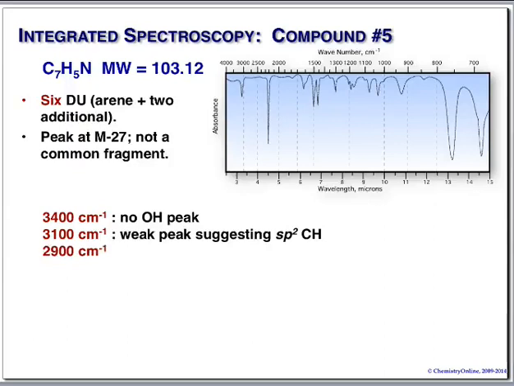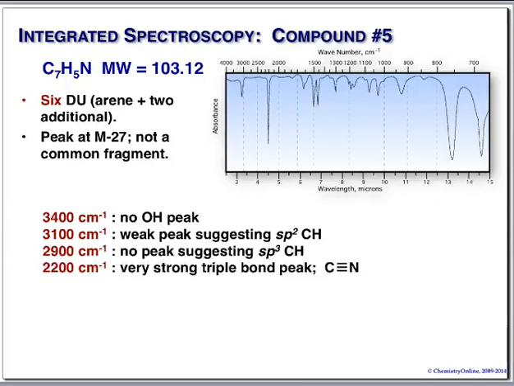So we don't have any sp cubed CH. But look at this beautiful sharp peak here at about 2200. That is a triple bond stretch. In fact, it is so long, so good, so clean for a triple bond, this is highly characteristic of a nitrile. Nitriles give the best triple bond stretch.